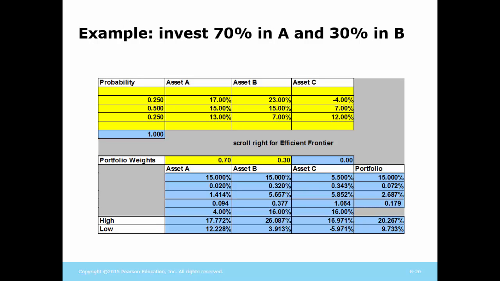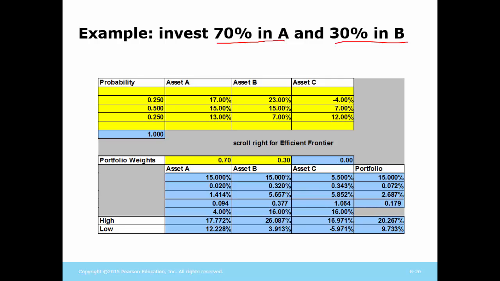So let's go back to those assets that we were talking about a little bit earlier and do some portfolio analysis. We're going to put 70% of our money in asset A and 30% of our money in asset B. In that standalone risk worksheet, here's where you input the weights. If you put 70% in A and 30% in B, that adds up to 1.